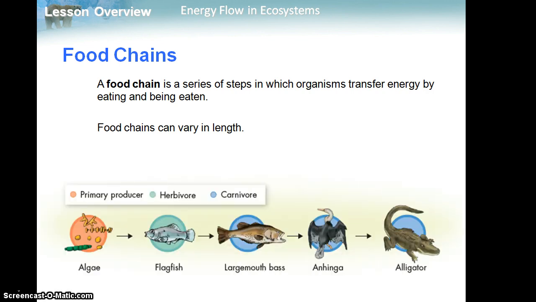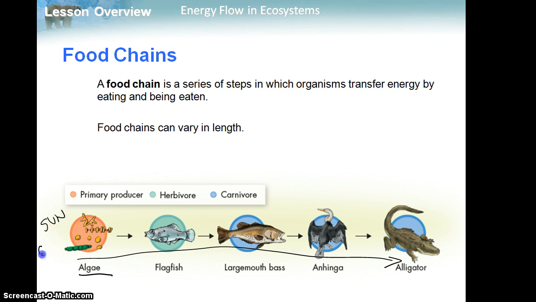So an example from the Everglades would be starting with our primary producer down here, algae, and those are going to be eaten by the flagfish, and so on and so forth up the food chain until we get to the alligator. Notice that the energy is starting from the algae, which is photosynthetic in most cases, and flowing towards the alligator.